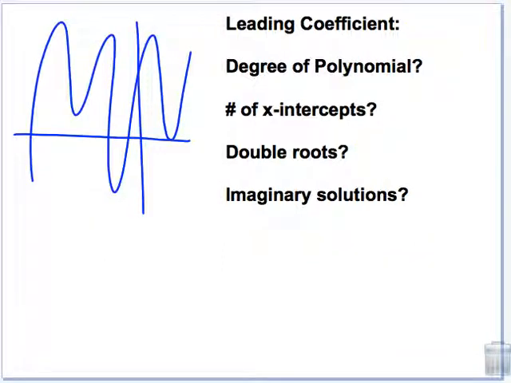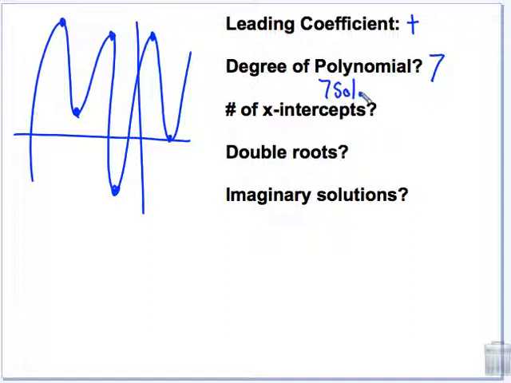All right, last one. This is a crazy graph. I drew it just for fun. Your leading coefficient is positive. Your bends are 1, 2, 3, 4, 5, 6 bends. So your degree is 7. So we need 7 solutions.